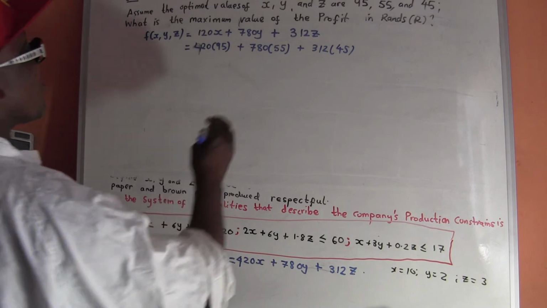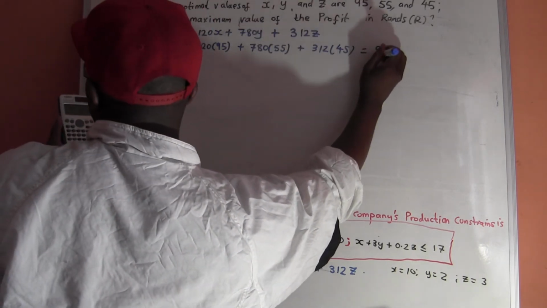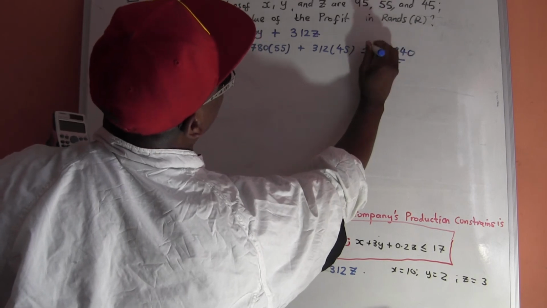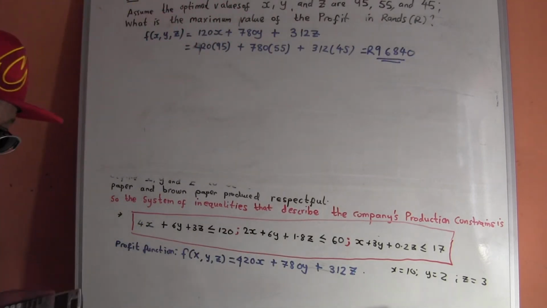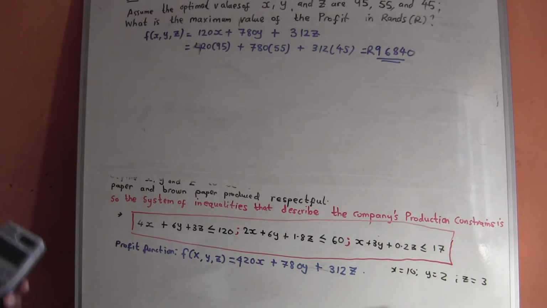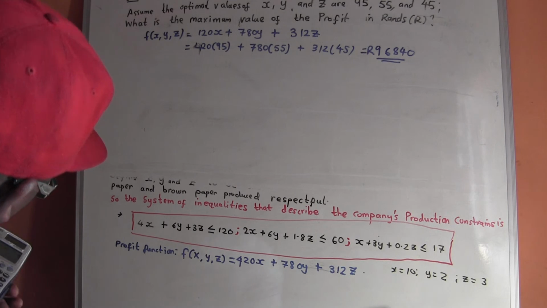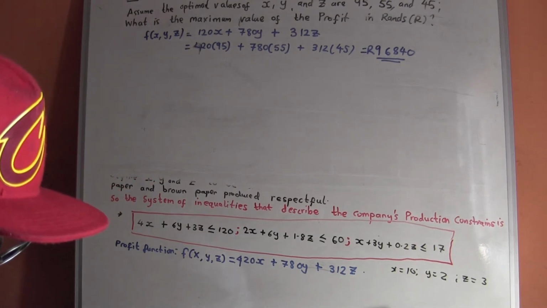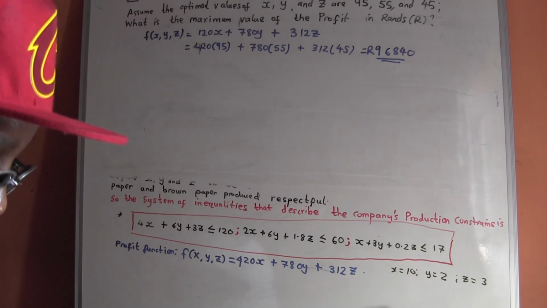So our profit is going to be equal to 9684. It's a profit of rand 9684. Let's see again, 420, 420, 420.